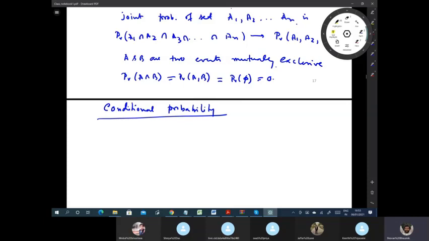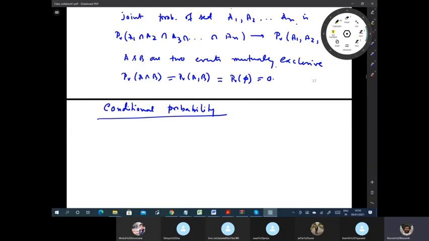So we can say that the occurrence of one event may depend on the occurrence of another, right? Sometimes when we toss a coin, there might not be this dependency. Head may come or tail may come, whether earlier head has come or not, there is no dependency.